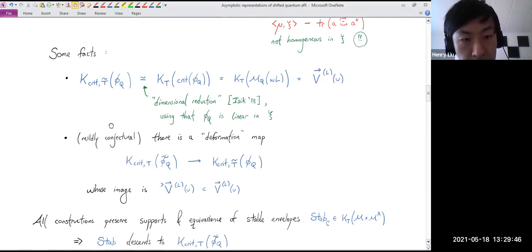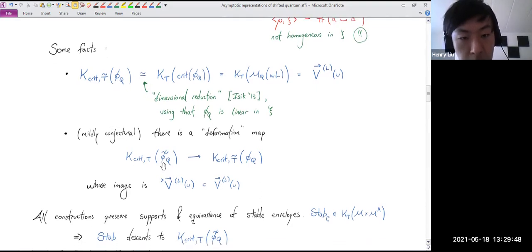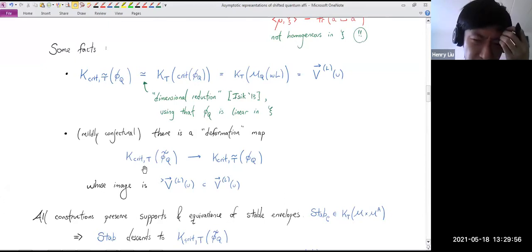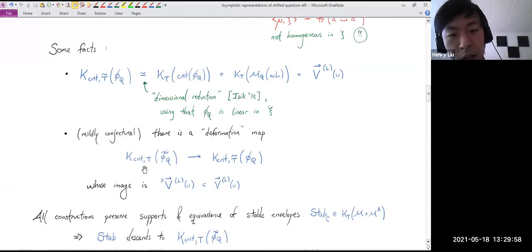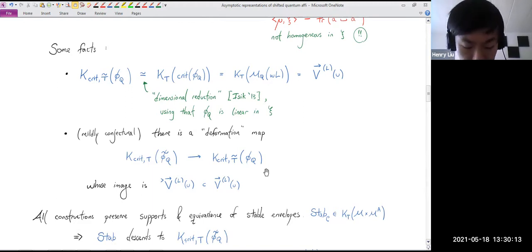Now, if we think about the perturbed critical function phi tilde, and we take its critical K-theory with respect to the smaller torus, we expect that there's actually a map from the perturbed critical K-theory into the original critical K-theory. Maybe in some cases this map is an injection, and probably in most cases it's not.